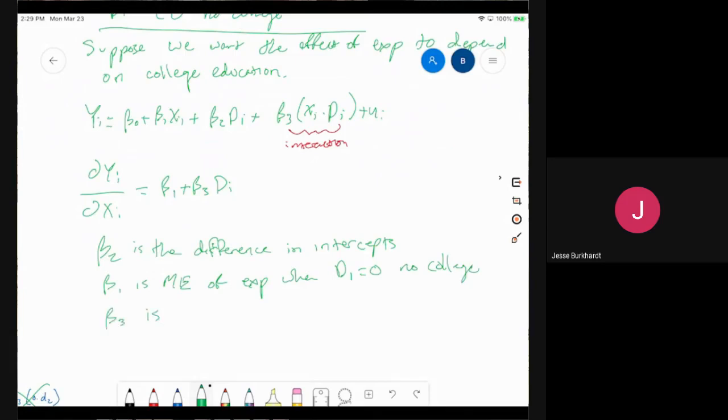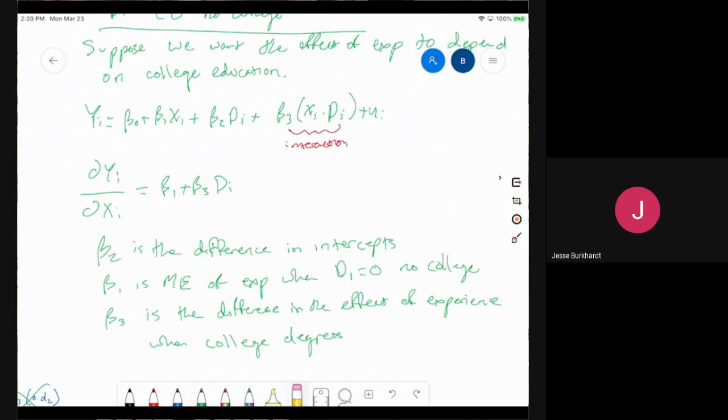Beta 3 is the difference in the effect of experience when someone has a college degree.